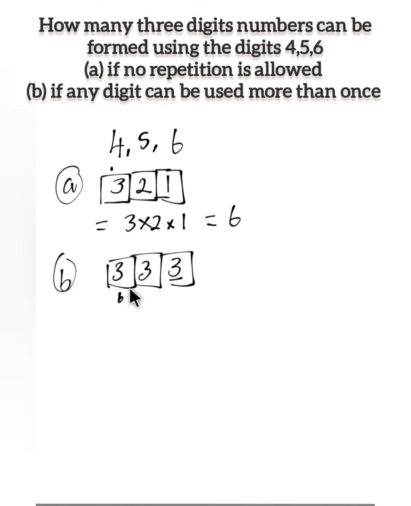When it is allowed, the number of digits is just constant. It will appear in each of the slots. But when repetition is not allowed, the number of digits will start decreasing because the number that is here can't come forward to the next slot. And when we multiply this, we have 3 times 3 times 3, which equals 27.